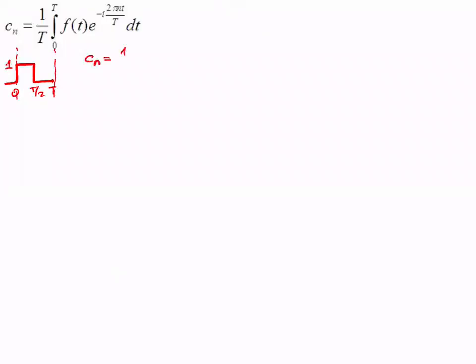Cn is equal to 1 over T, integral from 0 to T over 2, times 1 times e to the power minus j 2 pi n t over T dt. Okay, so I wrote my signal. In this part it is 1, the other part is 0. So I say from 0 to T over 2, and then I'm putting this as it is.